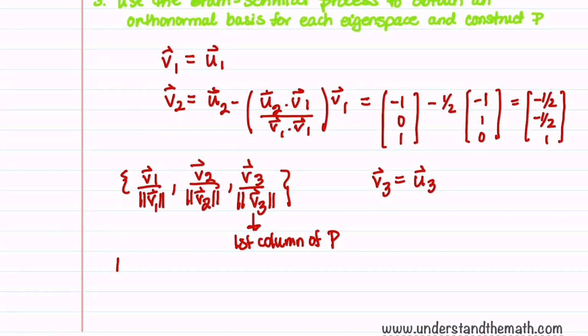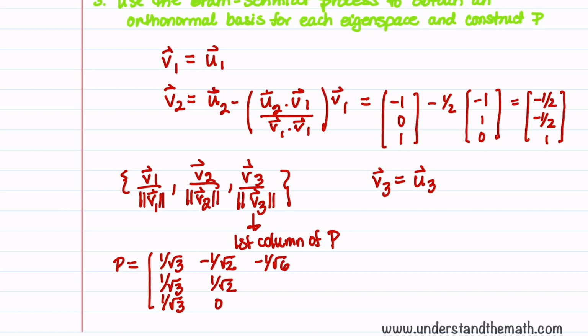So our P looks like this. 1 over root 3, 1 over root 3, and 1 over root 3. And then we get minus 1 over root 2, 1 over root 2, 0. And then lastly, minus 1 over root 6, minus 1 over root 6, and 2 over root 6.